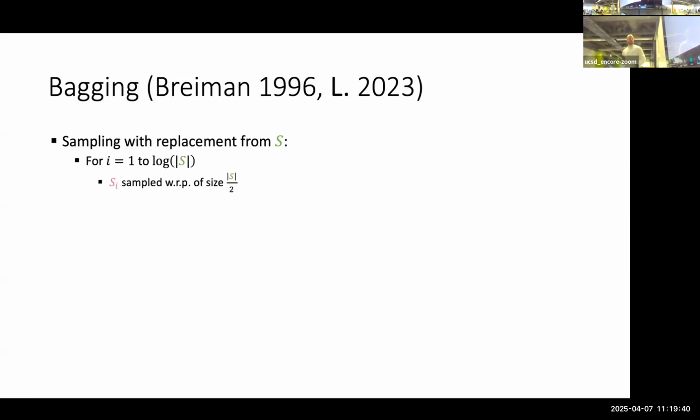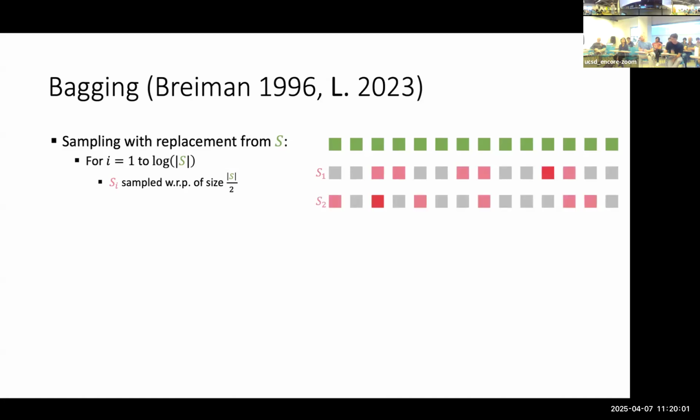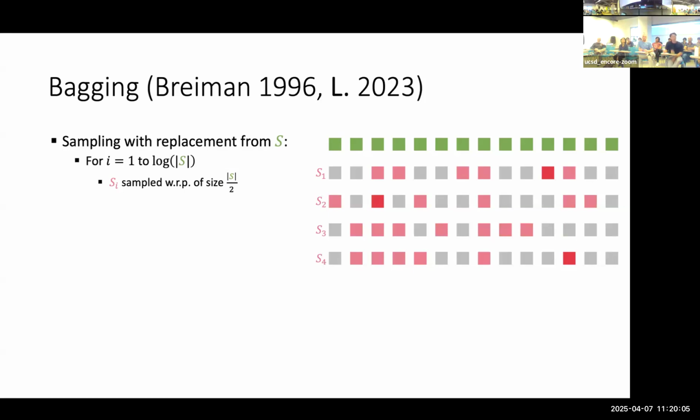Each of them, we're going to sample, say, half of the training data with replacement. Any constant factor will work for the analysis. So we take our training data set and sample with replacement a constant fraction of the data points, so you can get copies of the same data point. And then you do this a logarithmic number of times, creating all these subsamples.